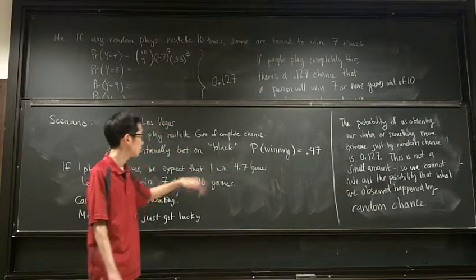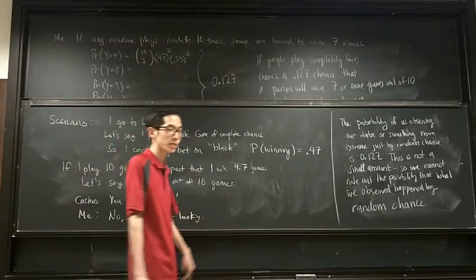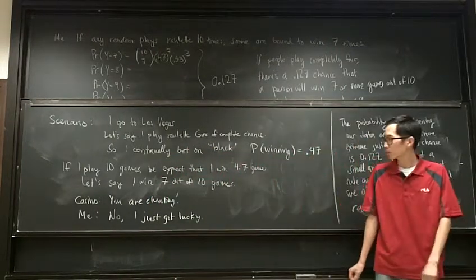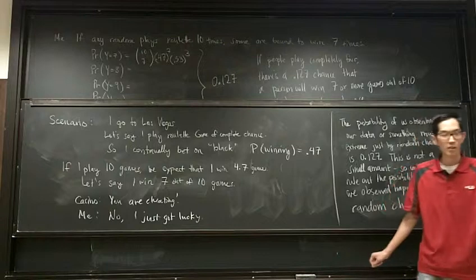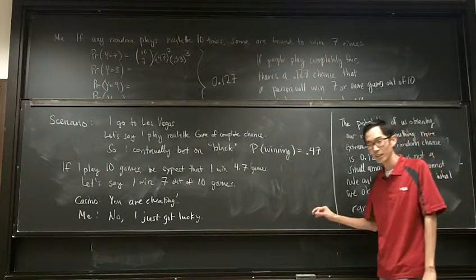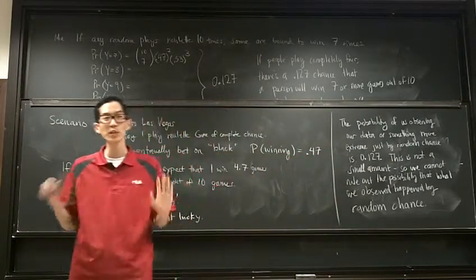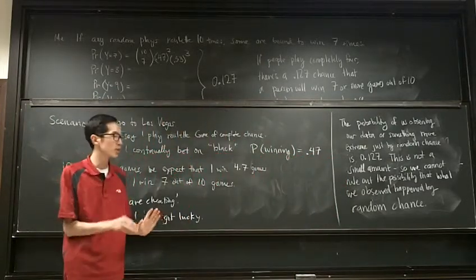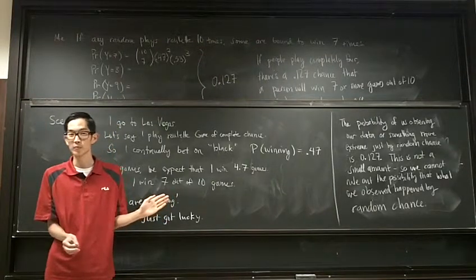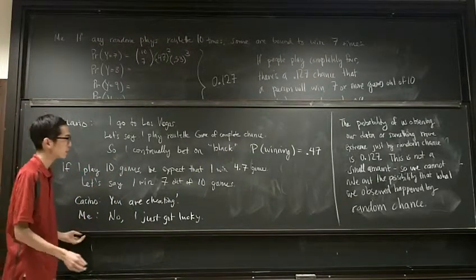But I only played 10 games, and I won 7 out of the 10 games. So it's not enough evidence to say conclusively that I'm cheating. It doesn't prove that I'm innocent, but it's not enough evidence to say I'm cheating. Is that all right?